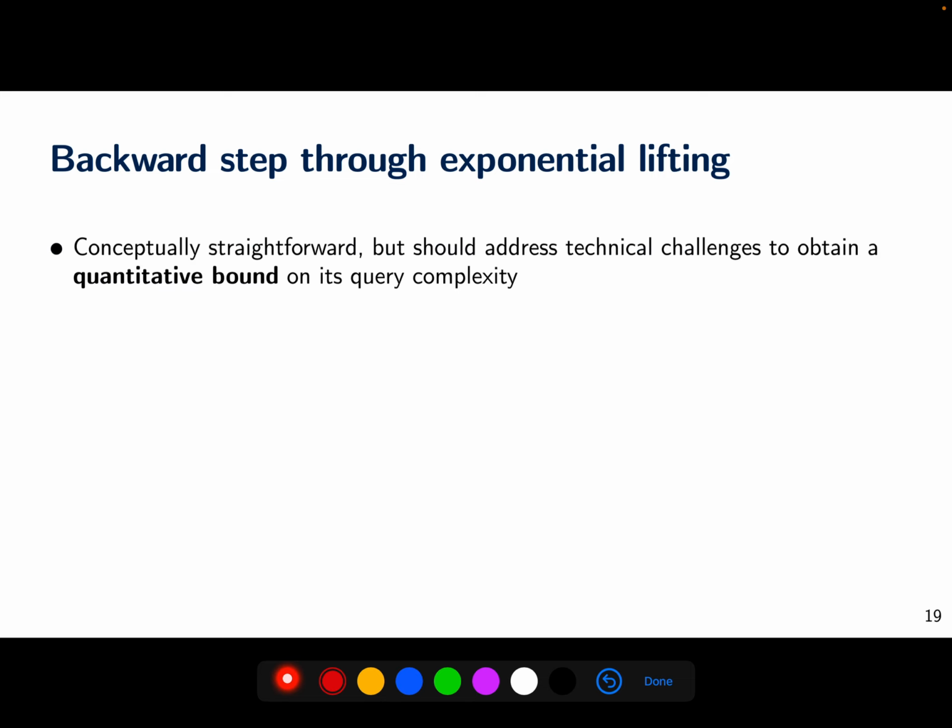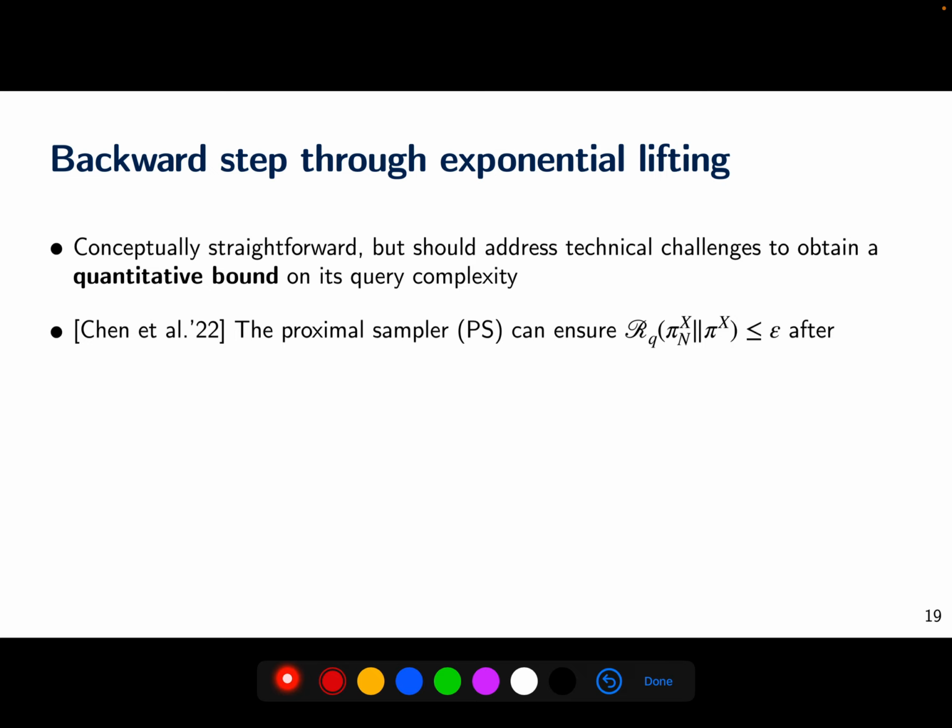So far so good, and it might be convincing that our approach is conceptually acceptable. But in order to get a concrete complexity bound, we need to understand this process more specifically, with details. Some earlier work by Chen et al. showed that the proximal sampler can achieve epsilon closeness in Rényi divergence after this many iterations.